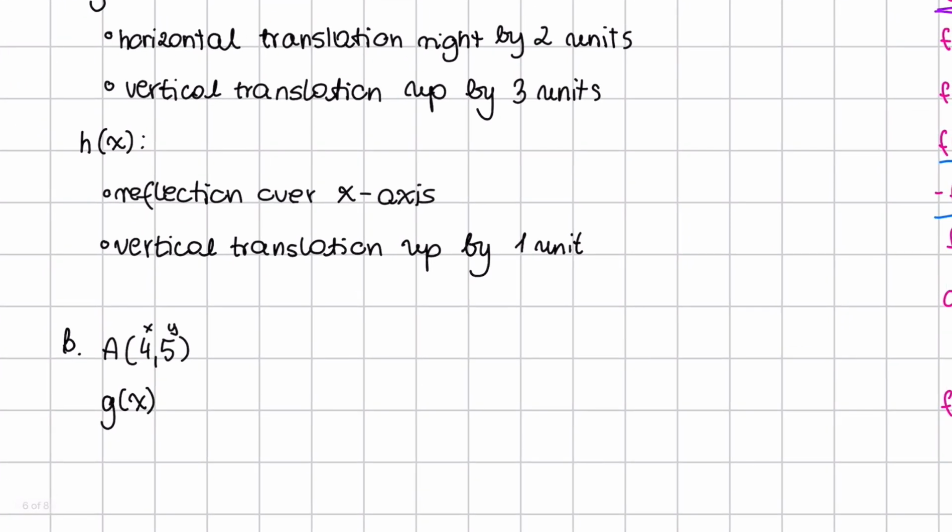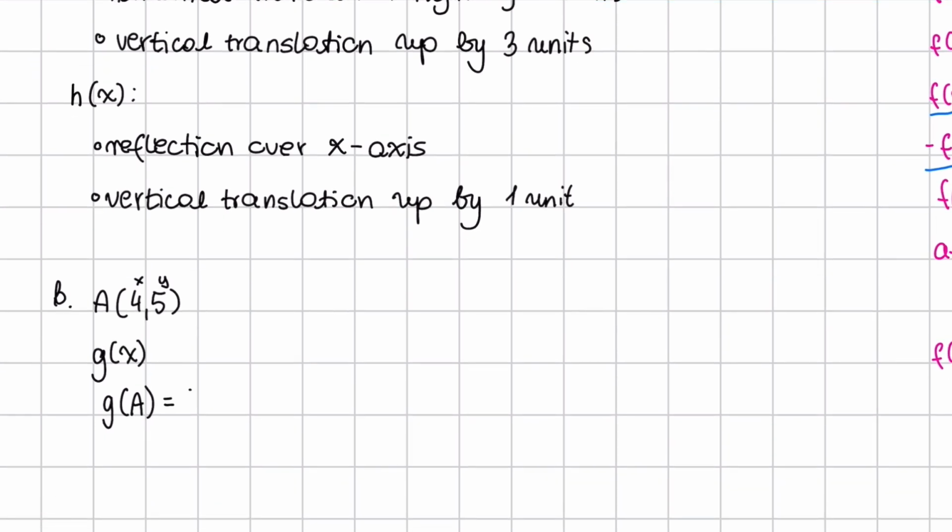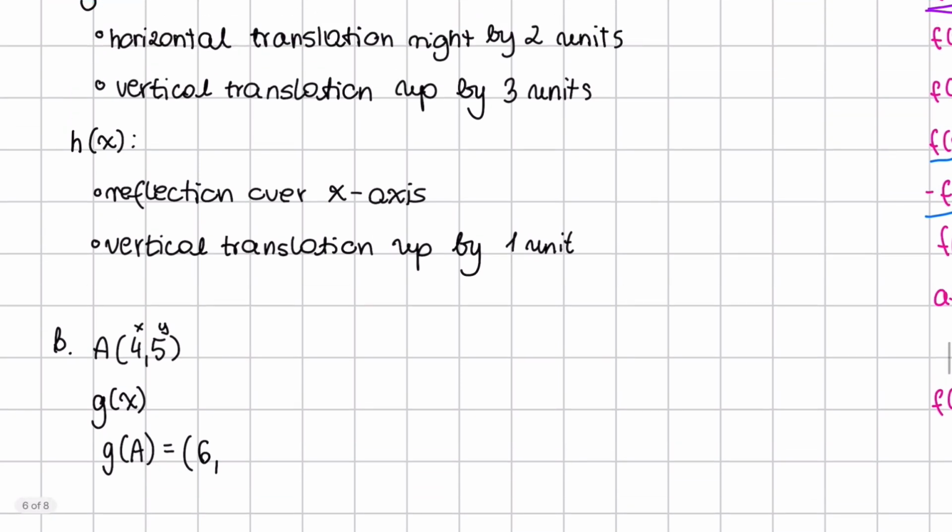So the first coordinate of g(A) will be 4 + 2, so 6, and y is 5 on our point A, and the vertical translation up by 3 units means we add 3 to 5, so 8.